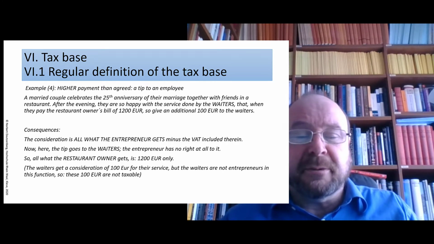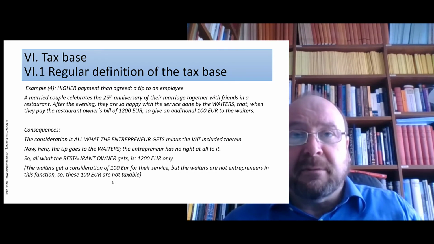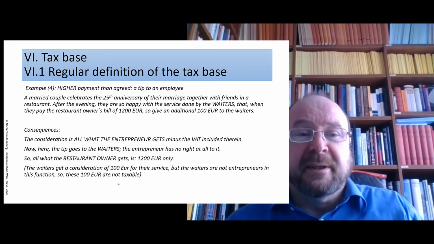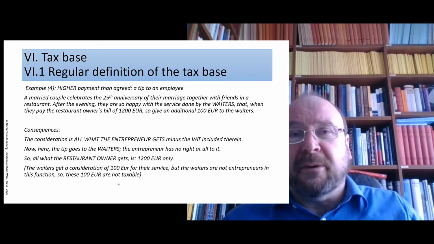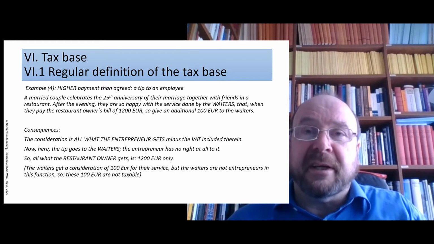So these 100 euro paid to the waiters are indeed not taxable, not part of the tax base for the restaurant owner, and no taxation in the hands of the waiters, because the waiters are not entrepreneurs.